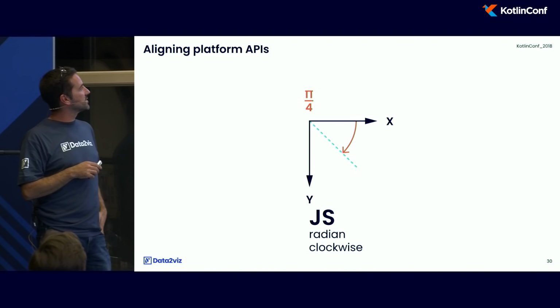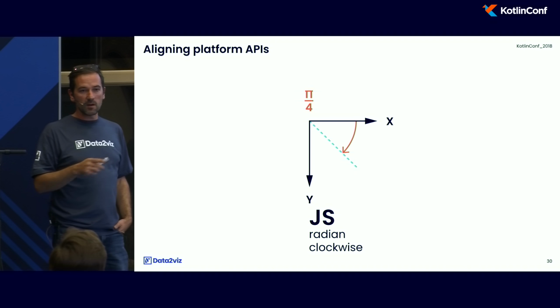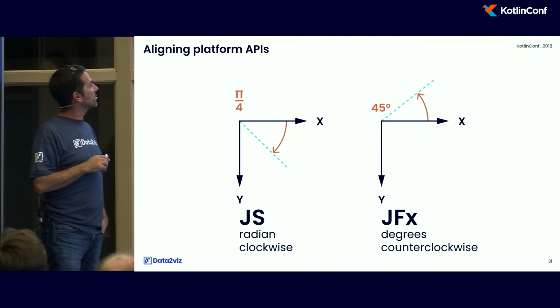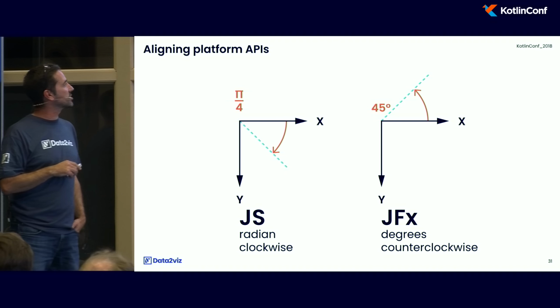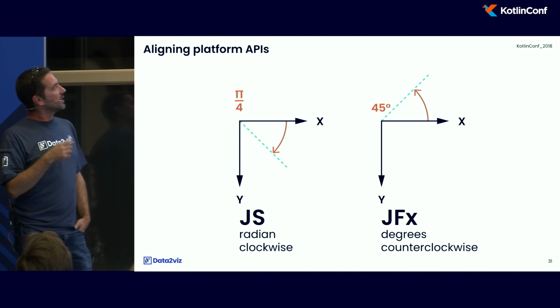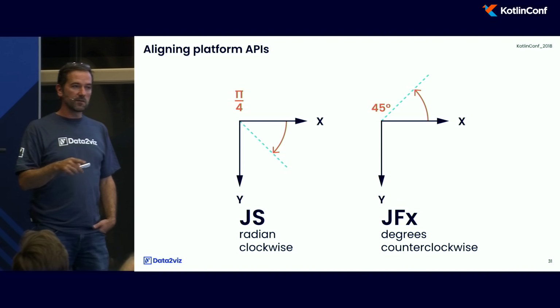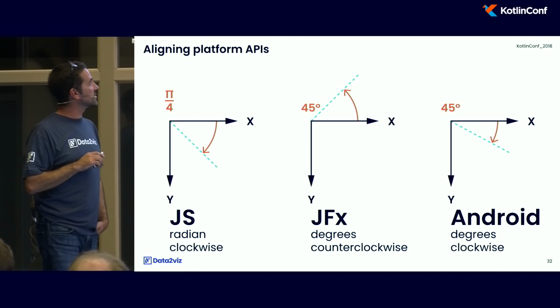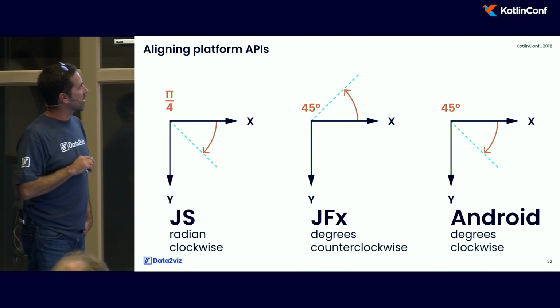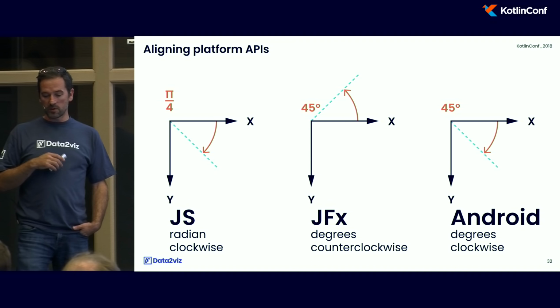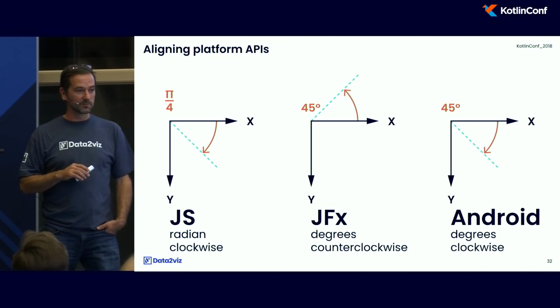JS is using radians, and they are positive in a clockwise direction. When you use JavaFX, it uses degrees, and the direction is the opposite. And when you are using Android, it's also different: it's degrees and clockwise.